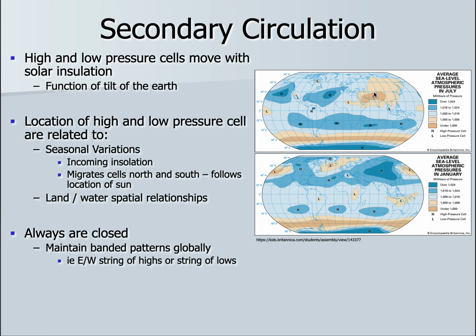So we're radiating all that energy off and warming the atmosphere and creating a low pressure cell over Asia. In Asia in the wintertime, it doesn't matter how much sun is shining, there's just not enough energy to warm up the surface of the earth, so it's going to be cool. So we're going to have this ginormous low pressure cell sitting over Asia as a result.